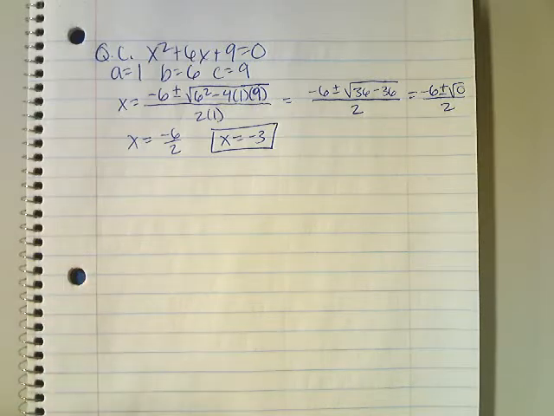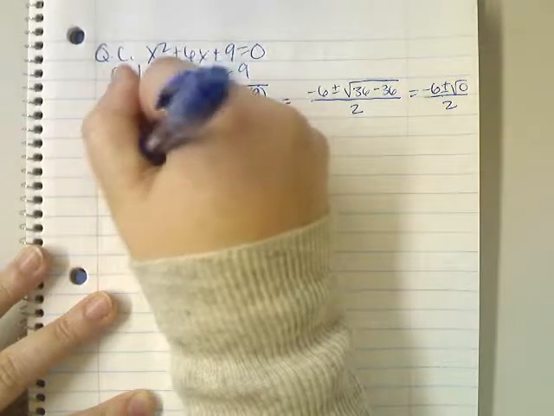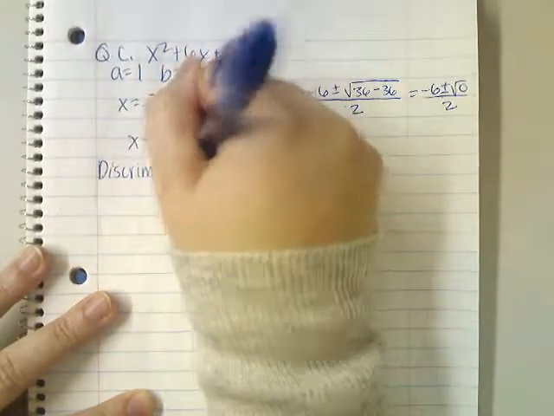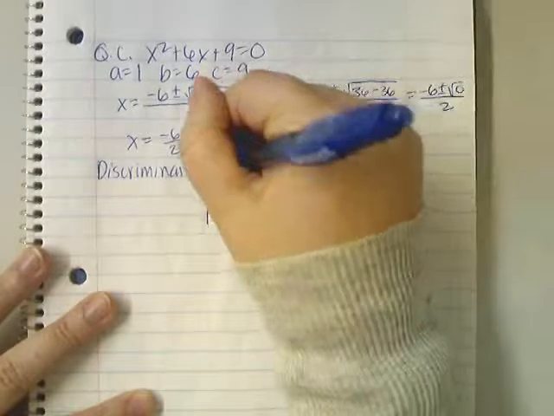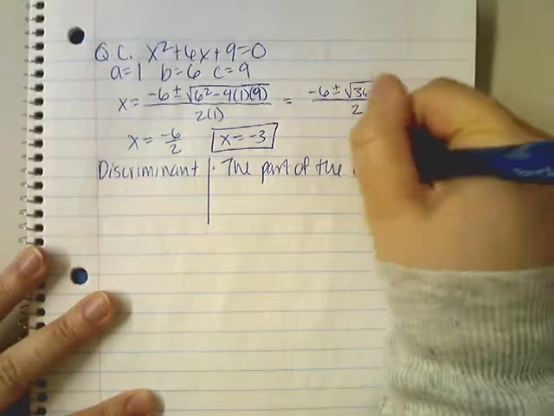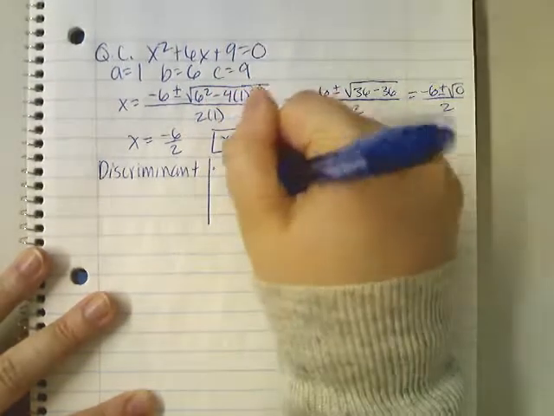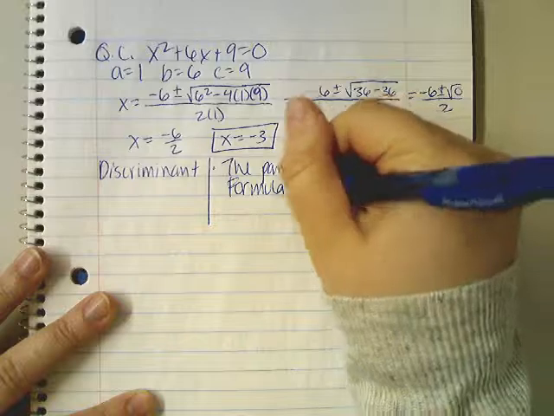We'll have some more practice with this in class, but there's another piece I want to go over with you guys called the discriminant. So the discriminant is the part of the quadratic formula under the radical.